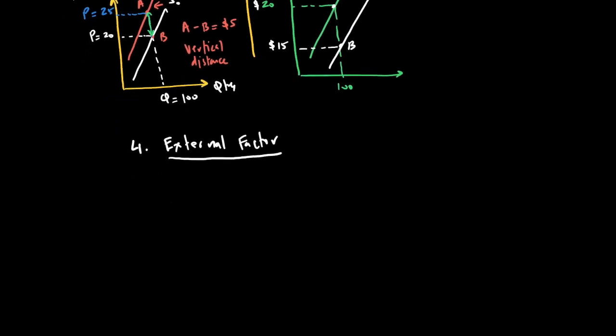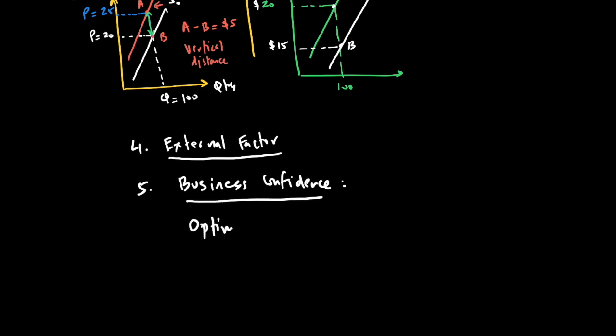Similarly, if there is more business confidence, which is basically firms' optimism about future sales and profitability, and if this optimism is high, you will see supply go up. So these are the factors that affect supply.